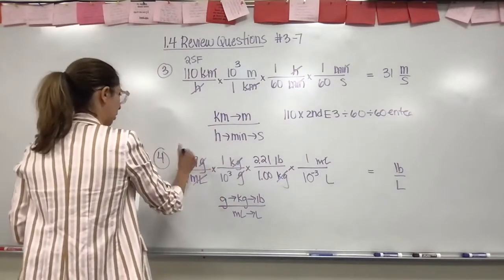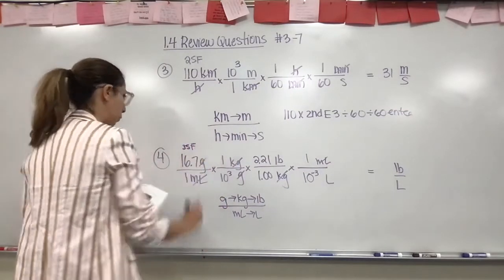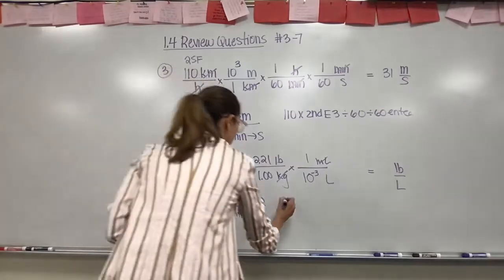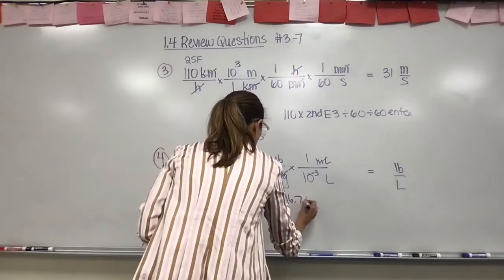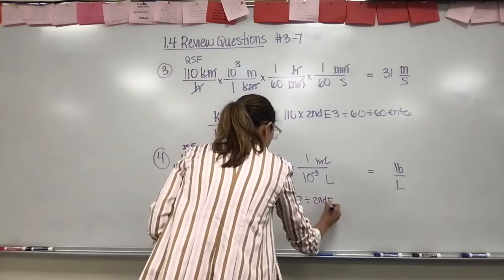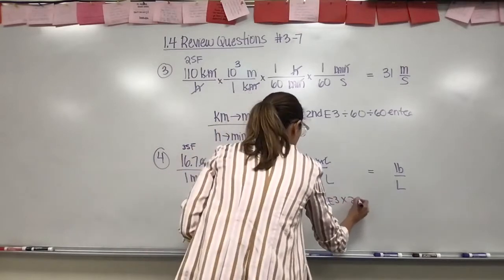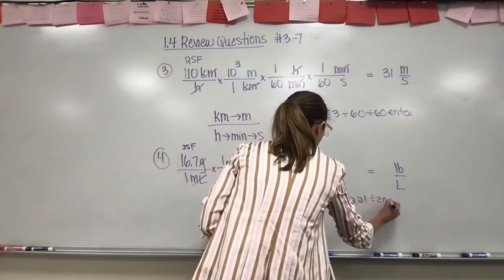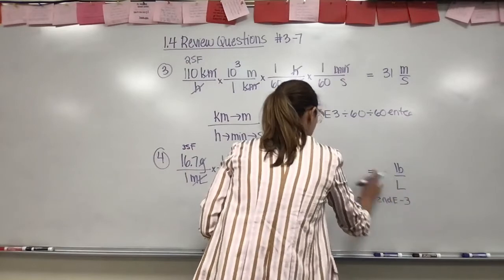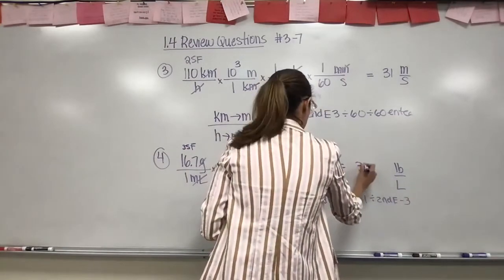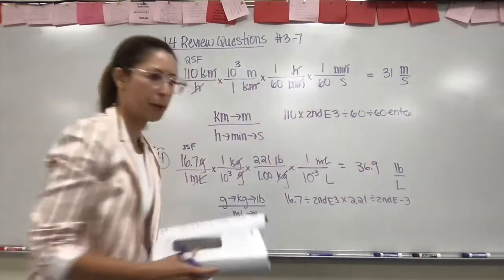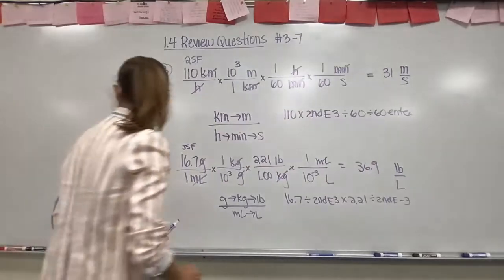This is exact. Here is 3 sig figs. So that means you want 3 sig figs in your answer. In your calculator, this is 16.7 divided by second E3 times 2.21 divided by second E negative 3. And you're going to end up with 36.9 pounds per liter.